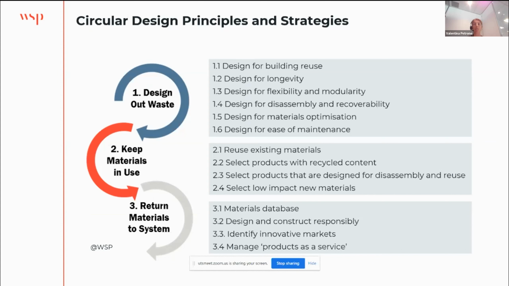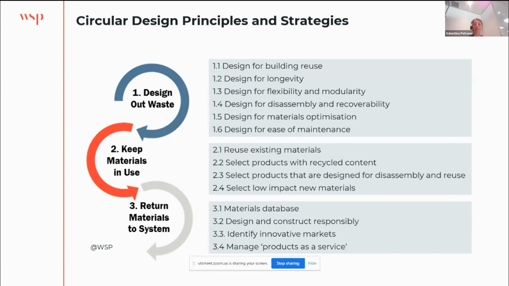Circular economy principles talk about, first of all, designing out waste from the outset, then keeping materials in use for as long as possible at the highest value, and then regenerating natural systems, which for the built environment have changed to returning materials to systems, a bit of an adaptation of the original three principles. As you can see listed on the right side of the screen, each principle can underpin specific design strategies.